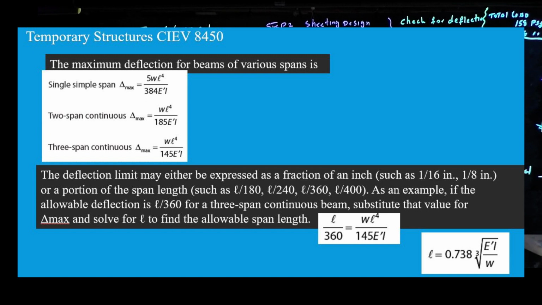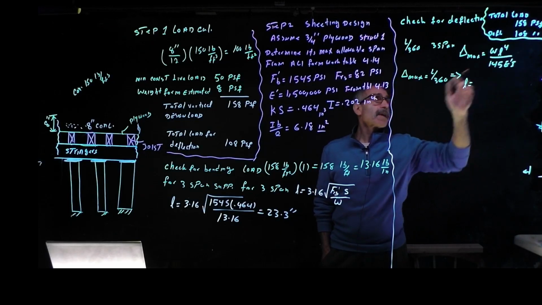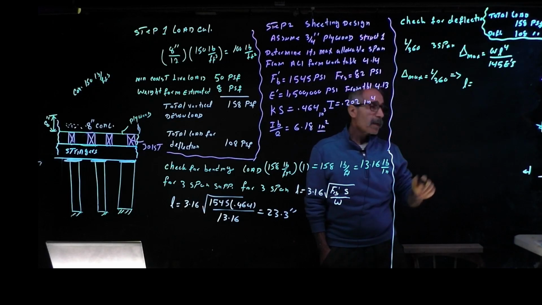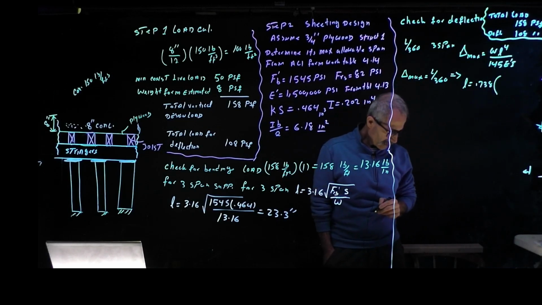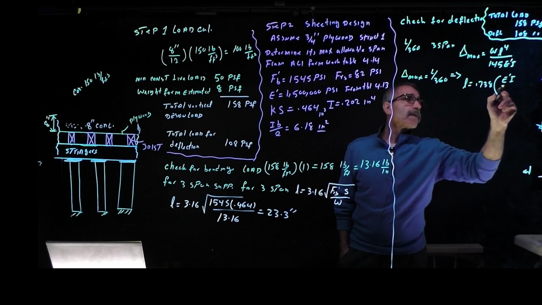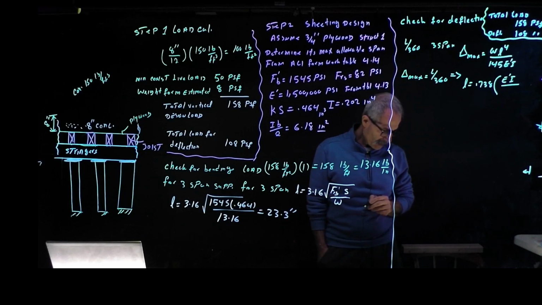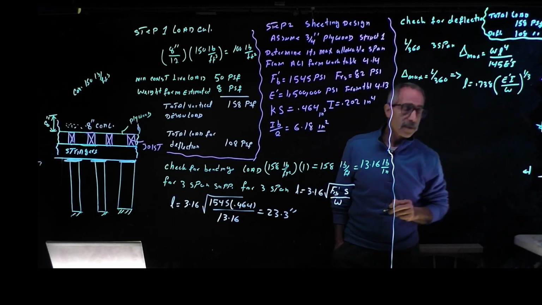So if I set delta max equal to L over 360 and set it to that equation, I'm going to end up with L, basically calculating the allowable L, equal to 0.738 times E prime I divided by w, to the power 1/3.